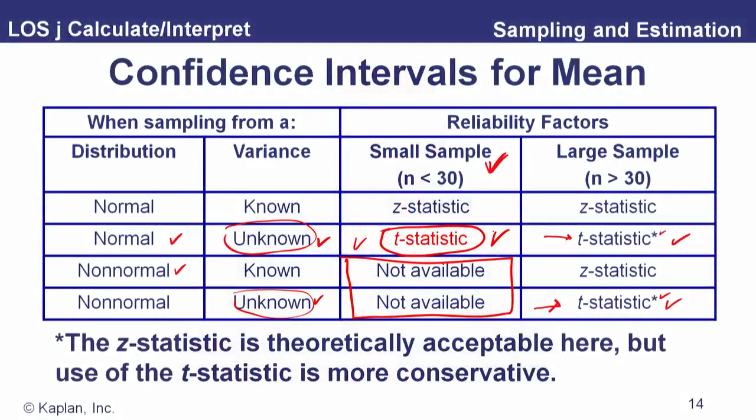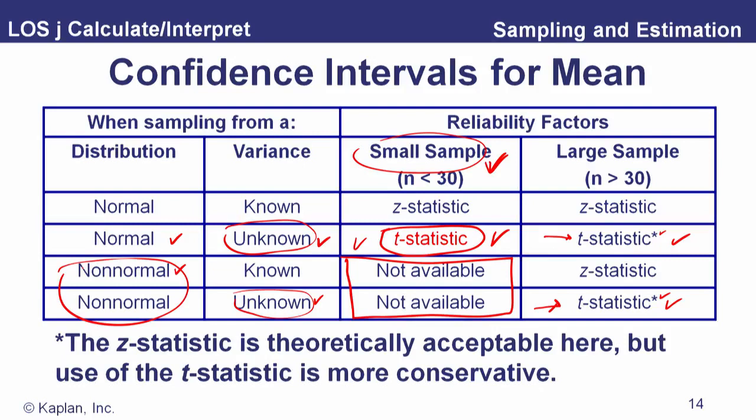So if I've got numbers on the balls in the barrel, and I don't know that they're normal, I don't know what the distribution is, I take a sample size of 25, I can't really put a confidence interval on the mean. So we've got not available, small sample size, and non-normal, that is unknown distribution, or known and not normal.